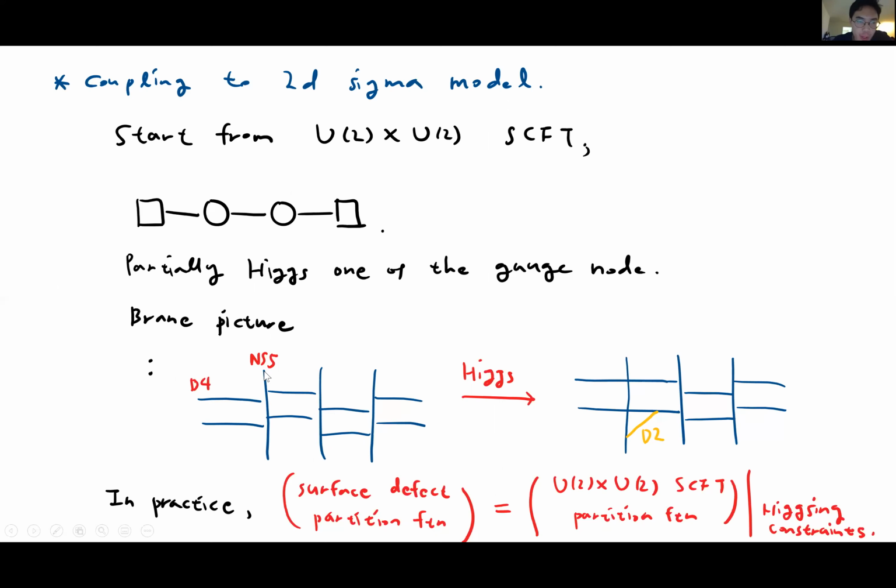And then what we can do is pull off this NS5 brane into the perpendicular direction like this. Then by the brane transition, we generate this D2 brane suspended between the NS5 brane and the D4 brane.